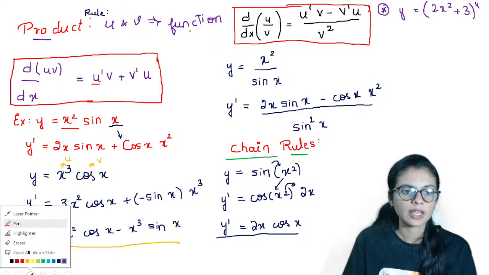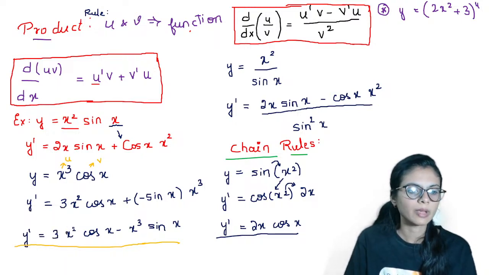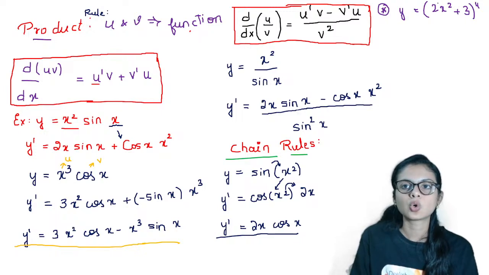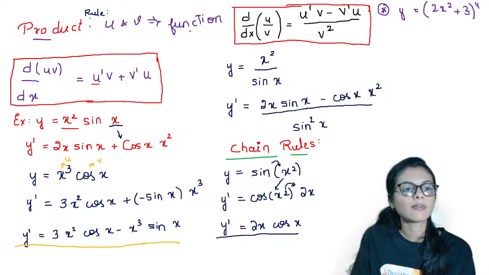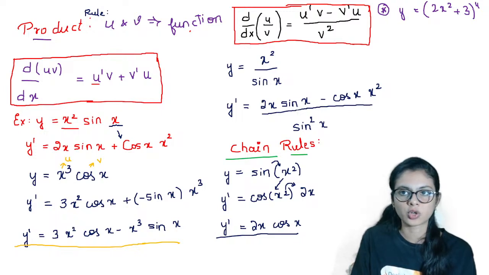I'm highlighting these points because you may get confused in this. There is some function to the power of 4. I can interpret this as x power 4, because x is nothing but a function.